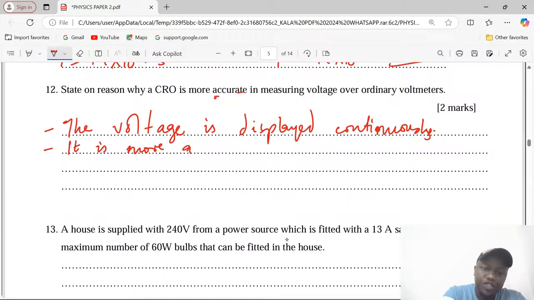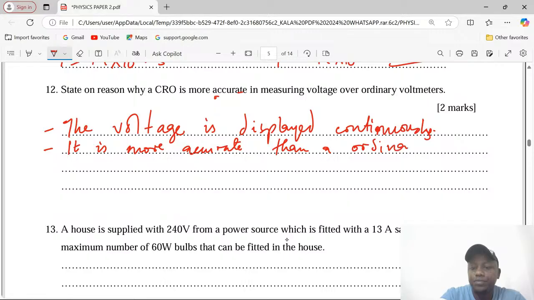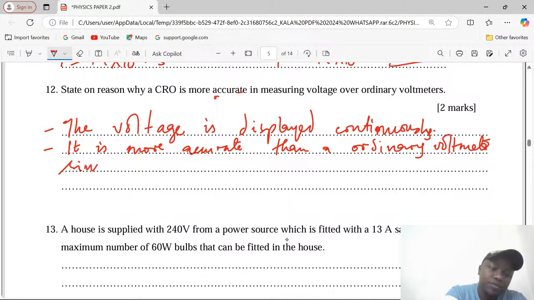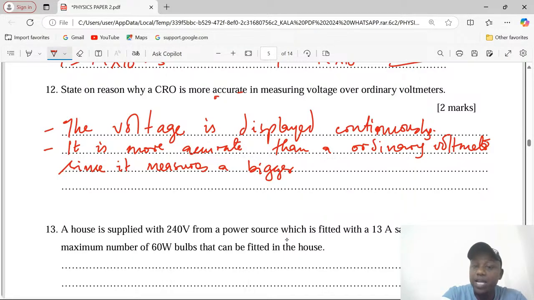It's more accurate than the ordinary voltmeter, since it measures a bigger voltage.